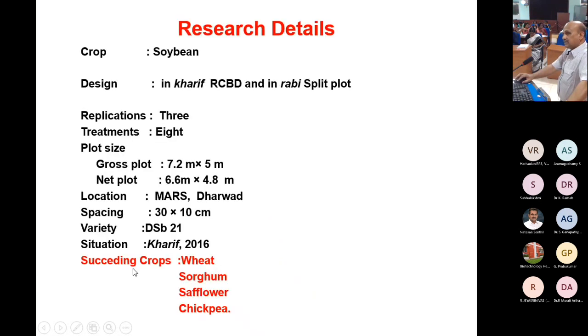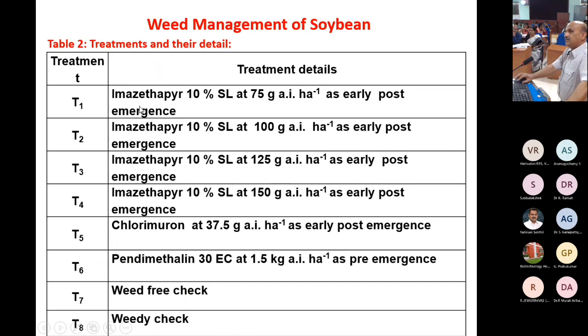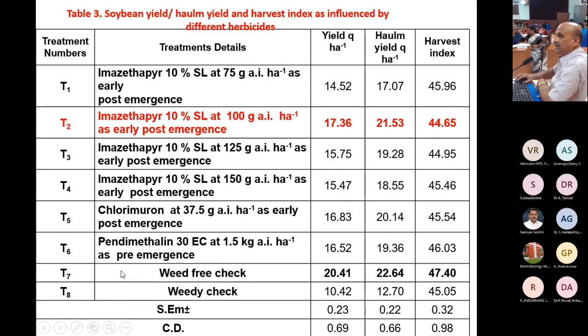So, treatment details. The succeeding crops screened were wheat, sorghum, safflower and chickpea. And here in this table you can see imazethapyr tried in four concentrations, 75, 100, 125 and 150, compared with the recommended post- and pre-emergent herbicides chlorimuron and pendimethalin.